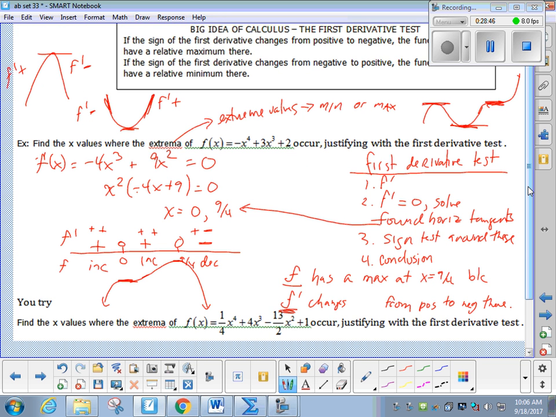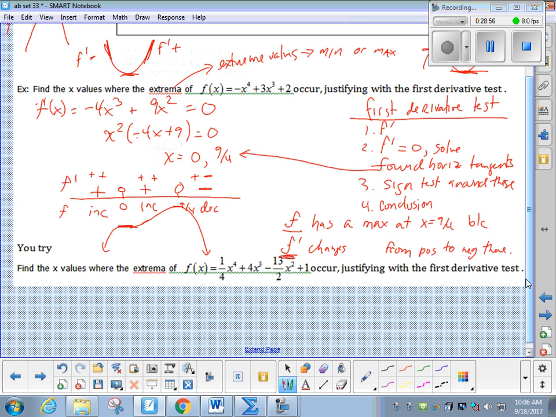It doesn't exist. How do you know it's increasing? Because F prime is positive. Why not cite the actual cause instead of the symptom? It's not the increasing to decreasing test. It's the first derivative test, and you should have the first derivative in it. And if you don't, you will lose.